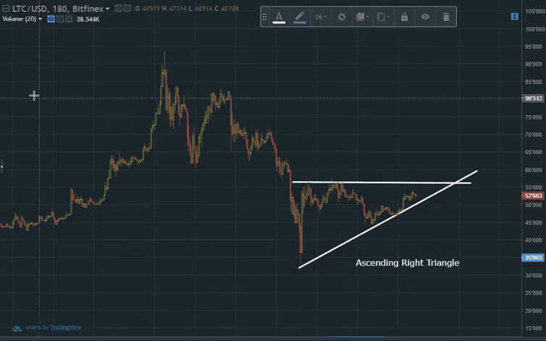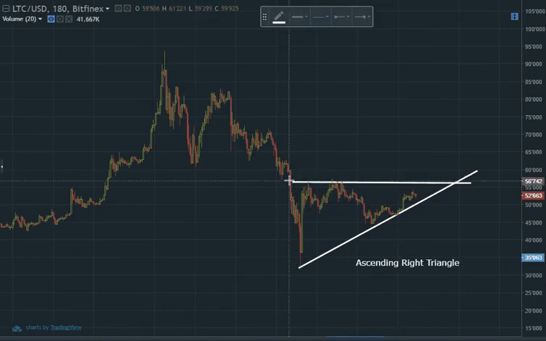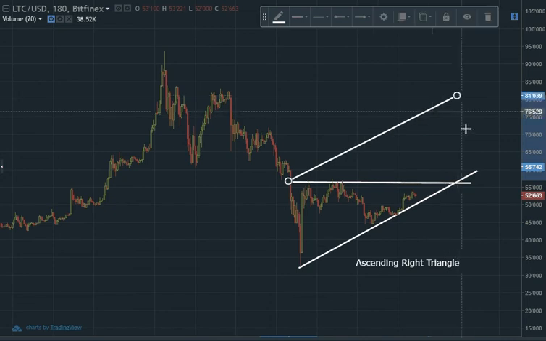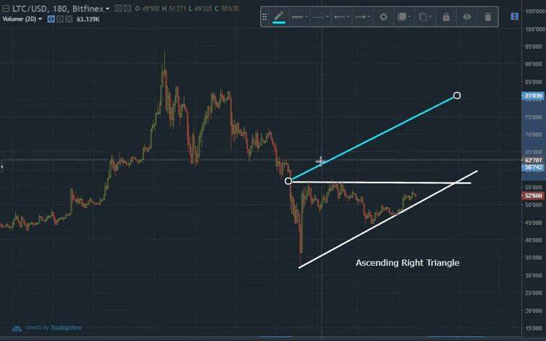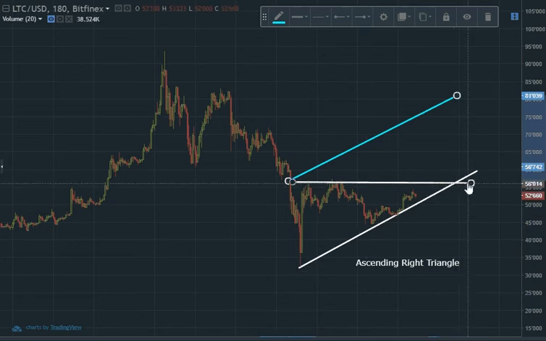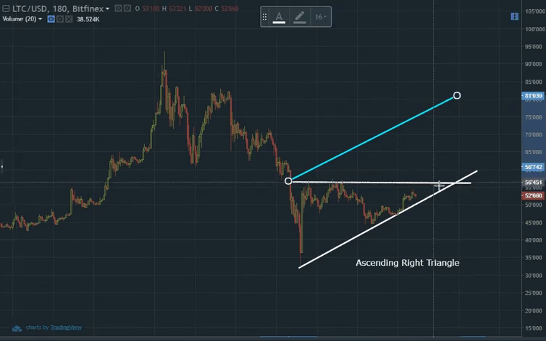To find the minimum target, I draw a line that is parallel to the hypotenuse. I draw this parallel to this line where the horizontal white and the upclimbing white meet. This is called the apex.